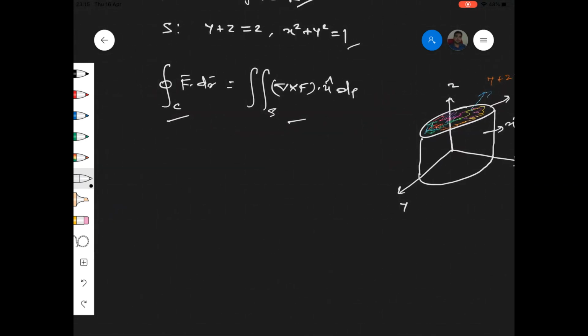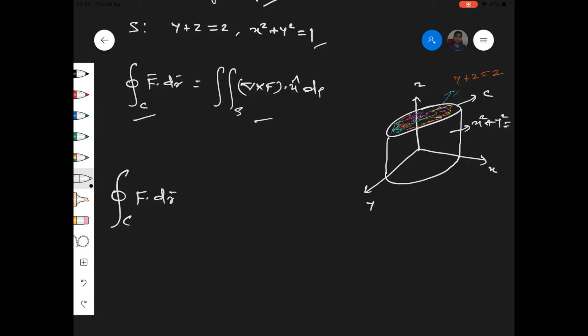So let us start with the left hand side, and we want to evaluate the integral over C of F dot dr. To solve this integral, first we need to identify the closed curve C, meaning we are looking for the equation of this curve C. So in general, for any curve in space, we can write its vector equation R equals x i plus y j plus z k.